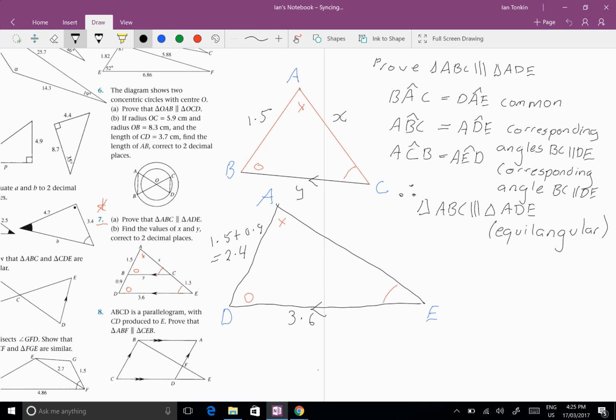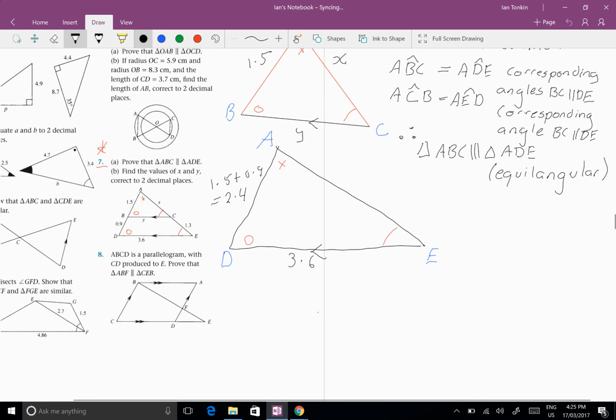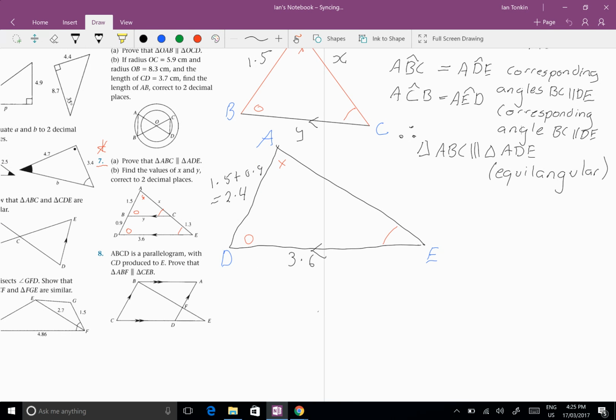So the first one, let's find the value of X. Well, X is a little bit separate. If you look here, X is a ratio of intercepts. It's going to help us find this one.